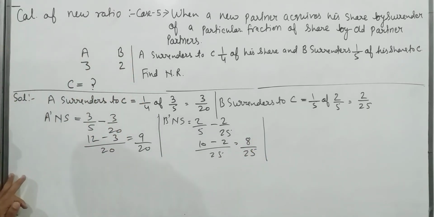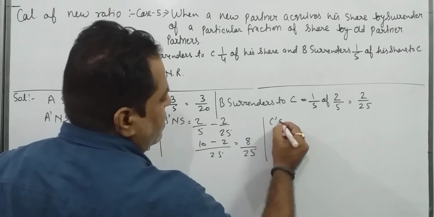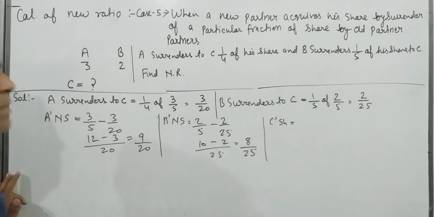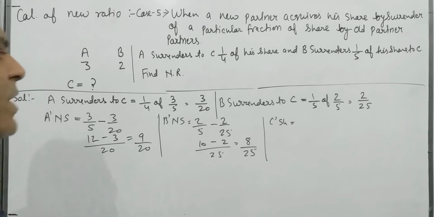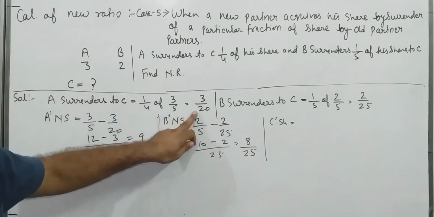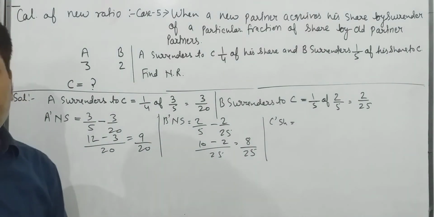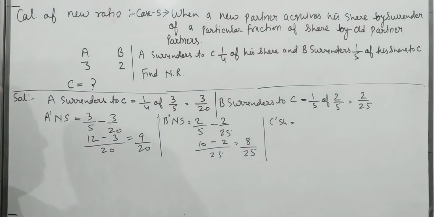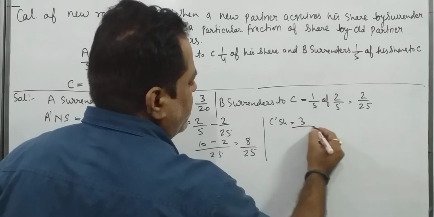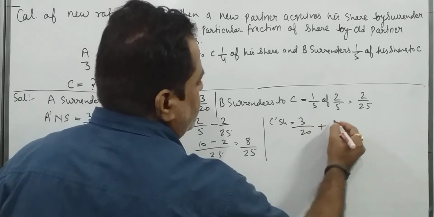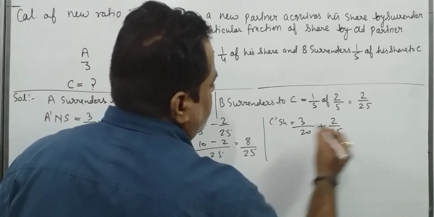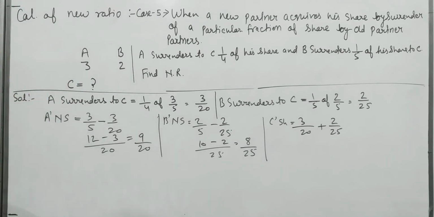Now, what is C's share? Just simply find the sum of 3/20 and 2/25. This will be C's share. So, 3/20 plus 2/25. Find the sum, you will find C's share.